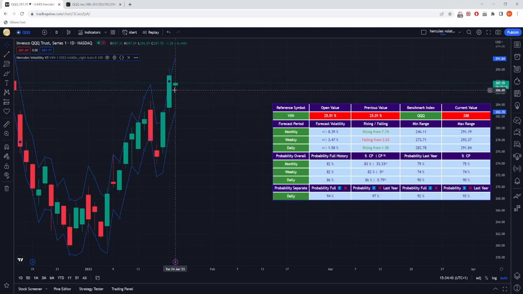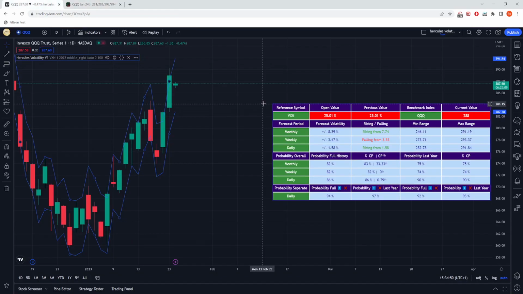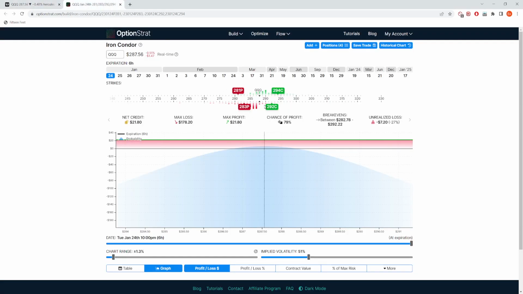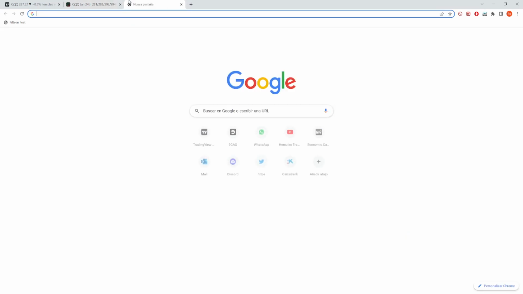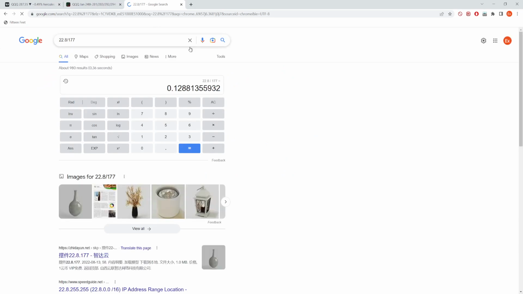We can see that in QQQ right now we would have 282.8, so 283 more or less we can use, and 291.8, we can use 292. With these values, the strategy is telling me that we will have a 79% probability, and we will have 22.8 divided by 177, so more or less a 0.18 profit, and this multiplied by the probability they give us, in this case the 79.